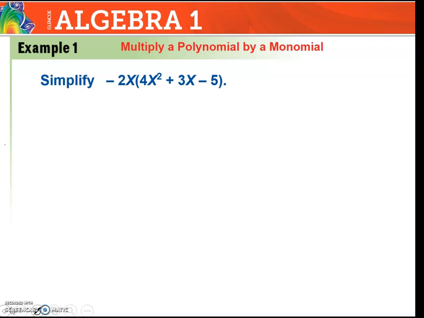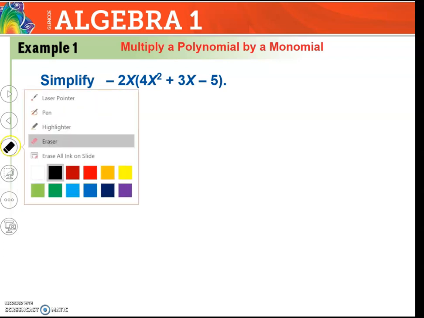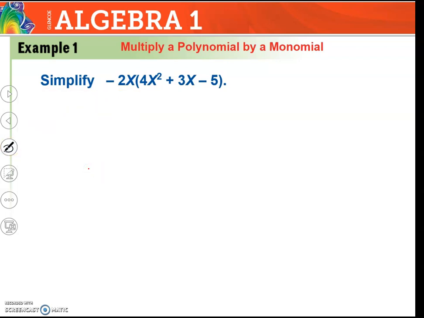Simplify negative 2x in bracket 4x squared plus 3x minus 5. Now, in solving this, what I would want you to do is put negative 2x in a bracket to make it very easy for us.